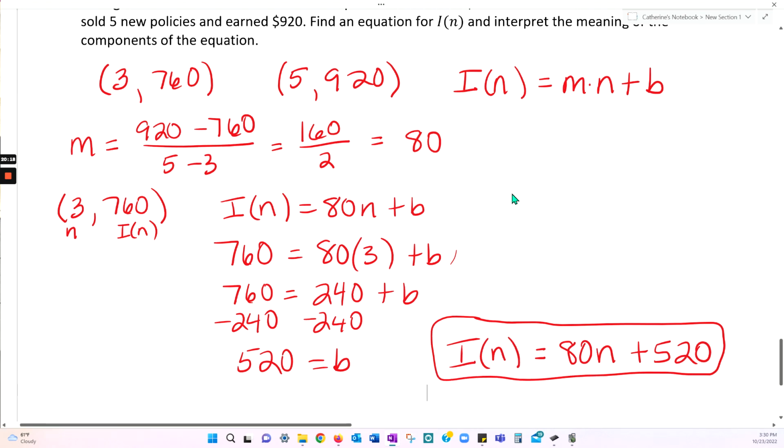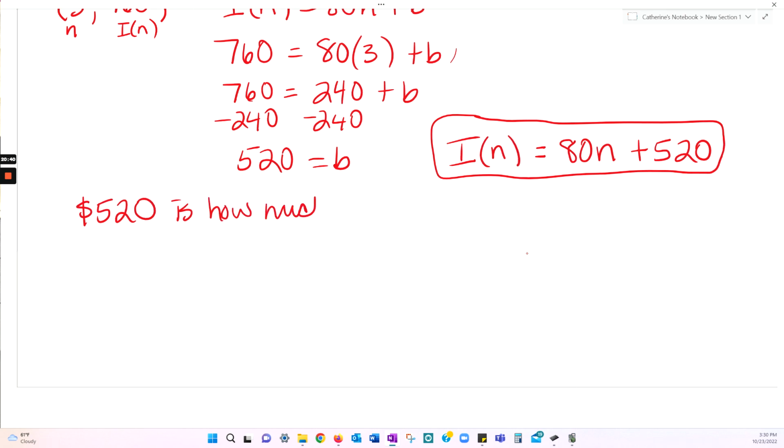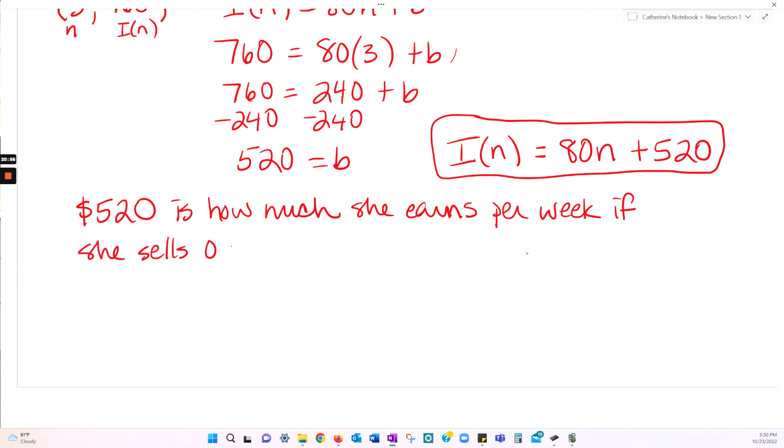Okay, so then the whole interpret the meaning thing. Basically, explain the 80 and the 520 in the context of the problem. I'll start with the 520. I would say something like $520 is her base pay per week, so it's how much she earns per week if she sells 0 policies.